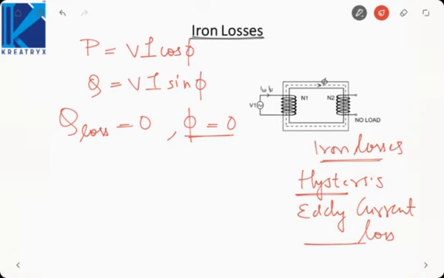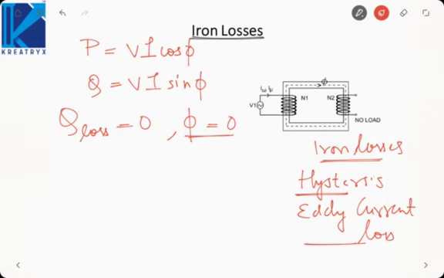So the angle between the voltage and current due to losses should be 0. That is, the voltage and the loss current must lie in the same phase. Current due to losses, what I am referring to is, whenever there are losses in the system, where will those losses be supplied from? Those losses will be supplied from the source.